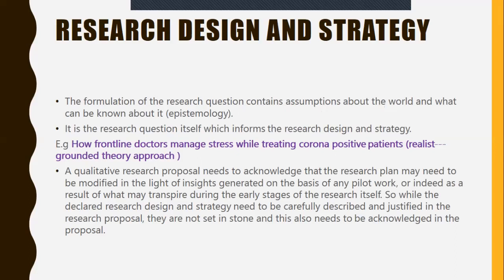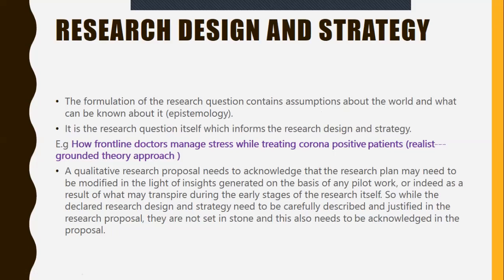The next element of the research proposal includes research design and strategy. After you formulate the research question, it is assumed that the question of research itself guides the epistemological position of the researcher. When you formulate a question, you are actually looking at the phenomena in a certain way.